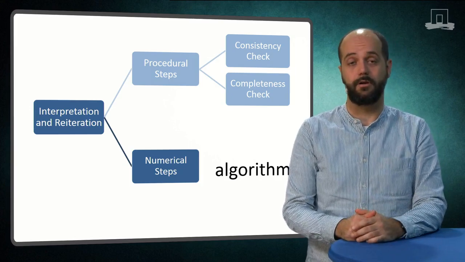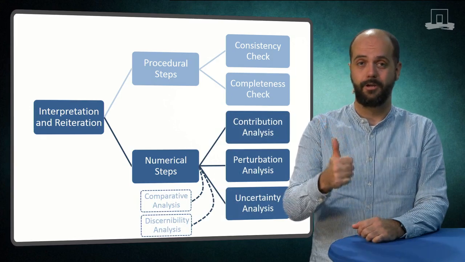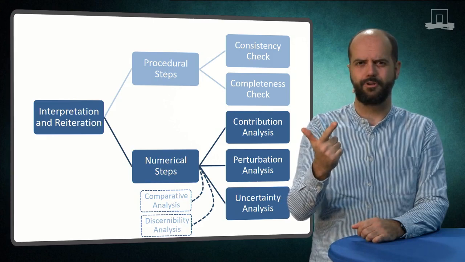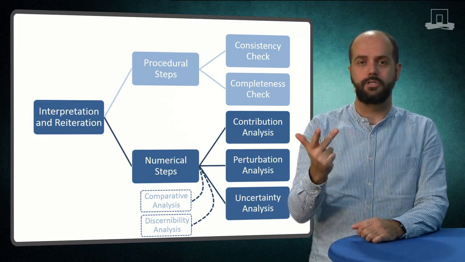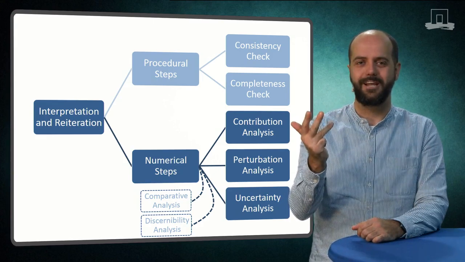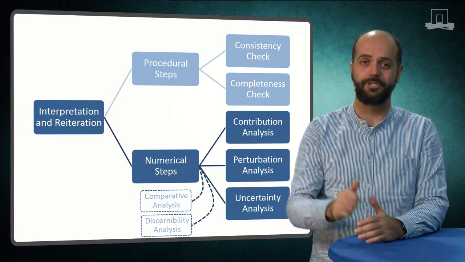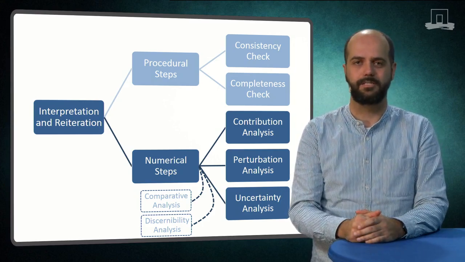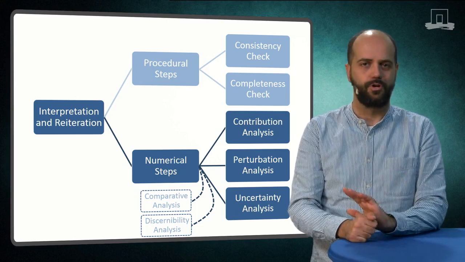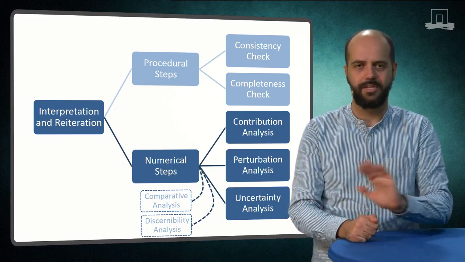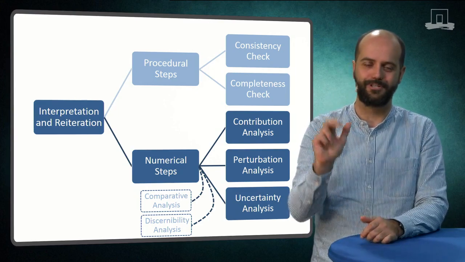Examples of such approaches include contribution analysis, perturbation analysis, uncertainty analysis, comparative analysis, and discernibility analysis. All 5 of these approaches can be applied to your inventory analysis, your characterization results, your normalization results, your weighted results, or the entire LCA. I will briefly explain the first 3 approaches in the list.